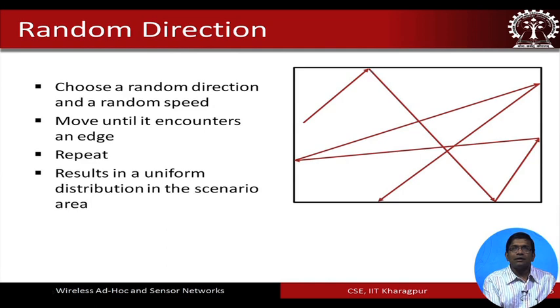The destination is basically when this node hits the boundary, and then it continues to repeat the same. This sort of mobility model results in a uniform distribution in the scenario area.